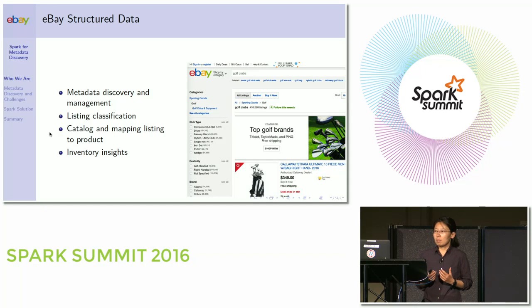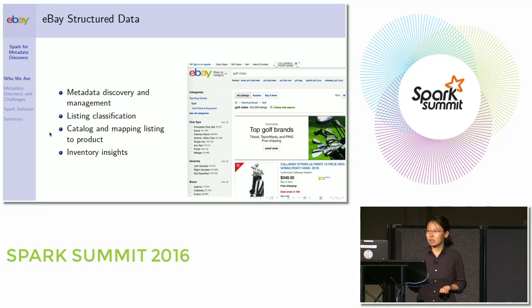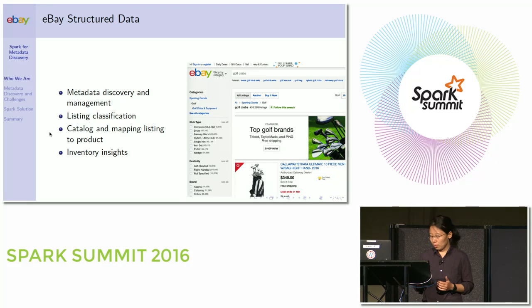We have this metadata system that discovers and also manages the repository, so that we can power the eBay website in a lot of important applications. One application is in this search page, where on the left-hand side you can see the filters, and they are all powered by the metadata repositories.